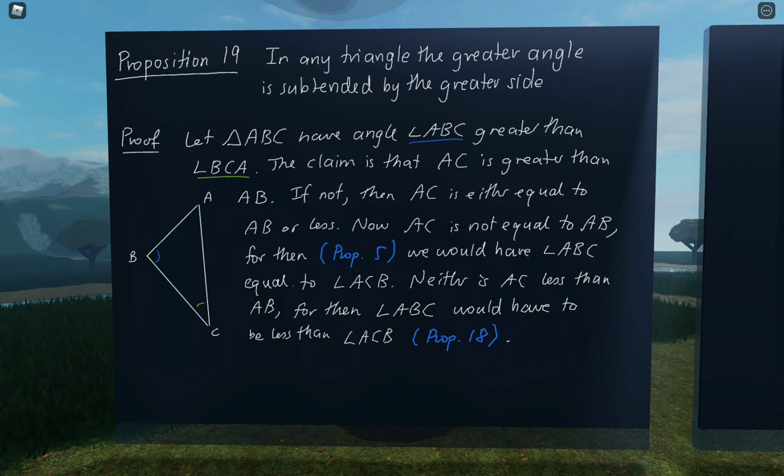Well, if AC can't be equal to AB and it can't be less, then it must be greater. All right, so that's proposition 19.